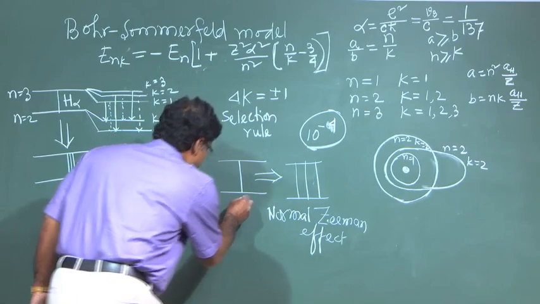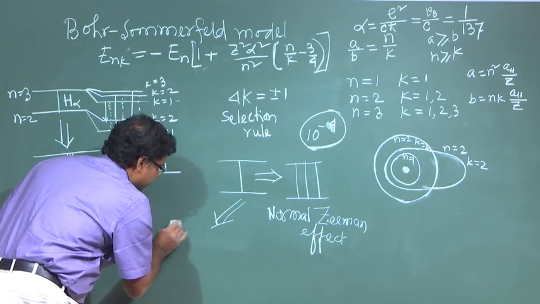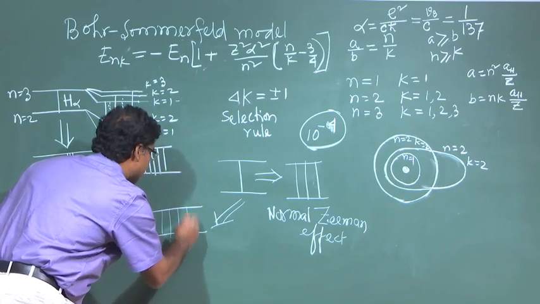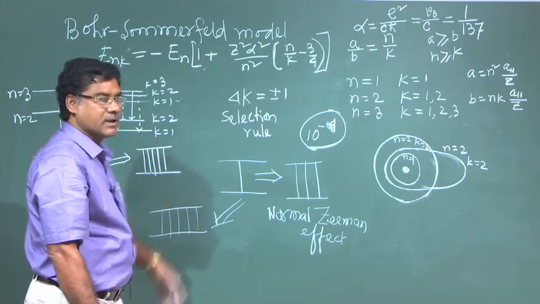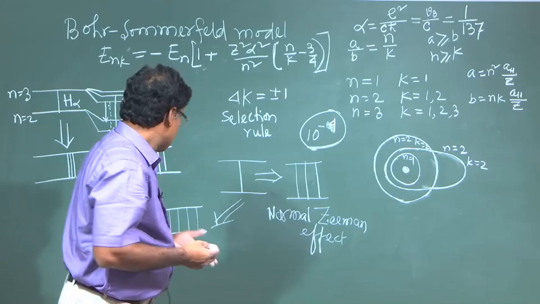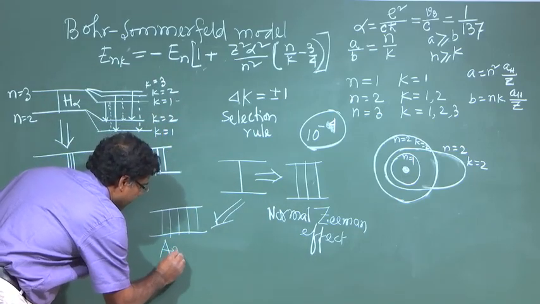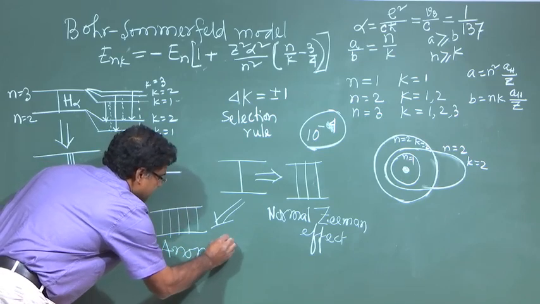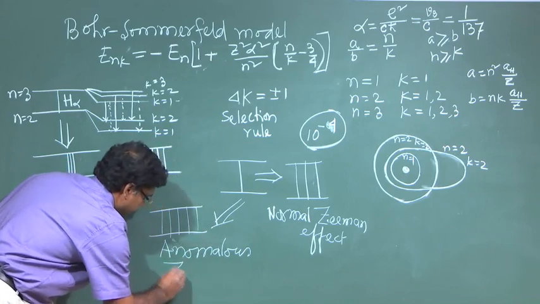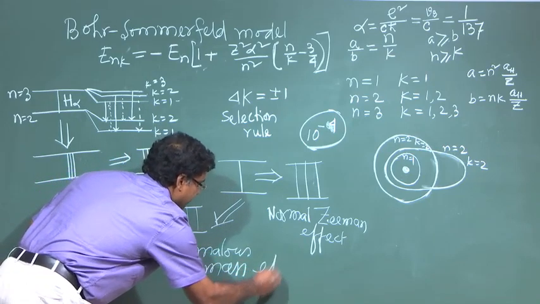So if under weaker field you see that it is splitted into more than 3 lines, it can be 5, it can be 4, it can be 6, then that is called the anomalous Zeeman effect.